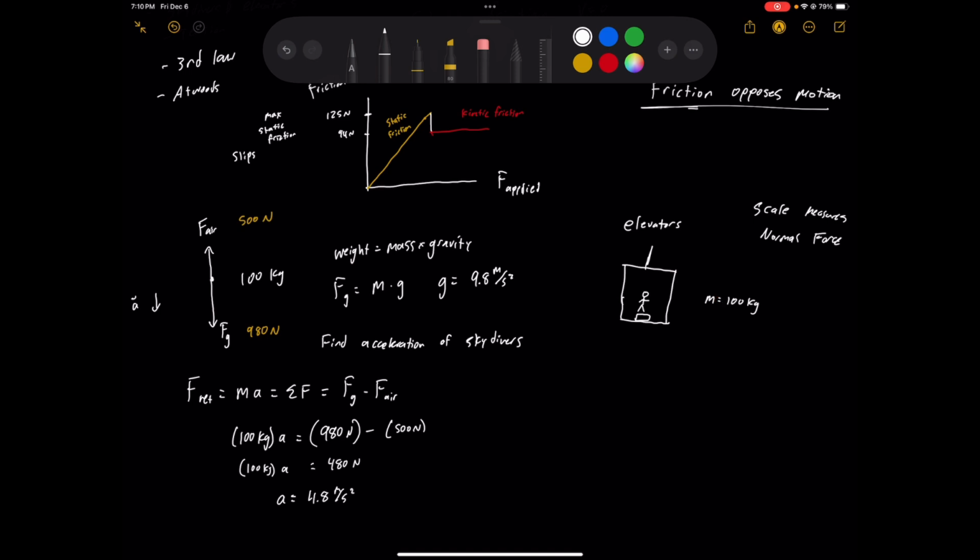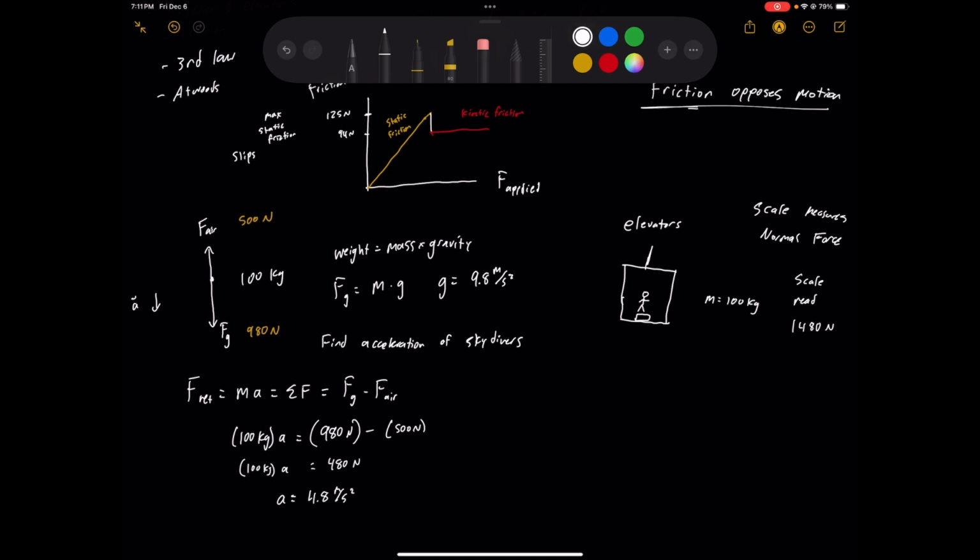He has a mass of 100 kilos. I'm going to make up a number that's kind of easy to calculate. So let's say the scale is reading 1,480 newtons. In this case, we need to calculate. Oh, actually, that doesn't make any.